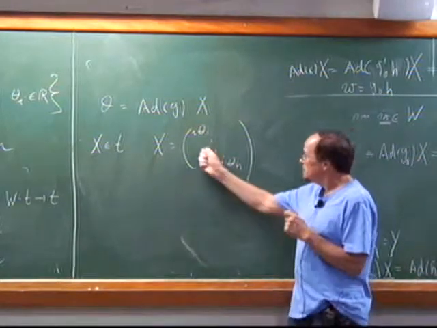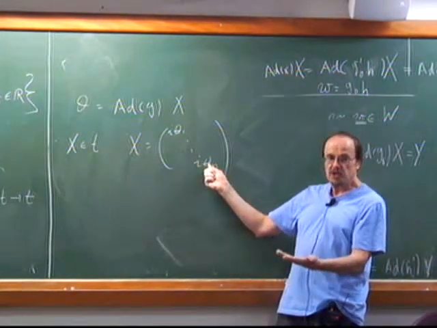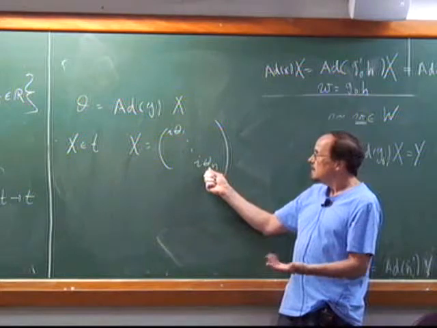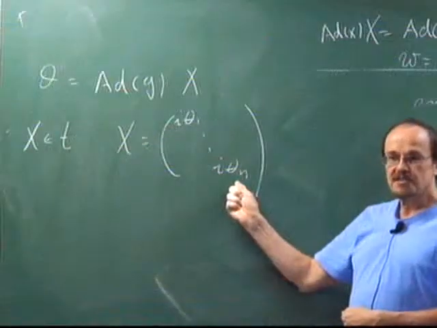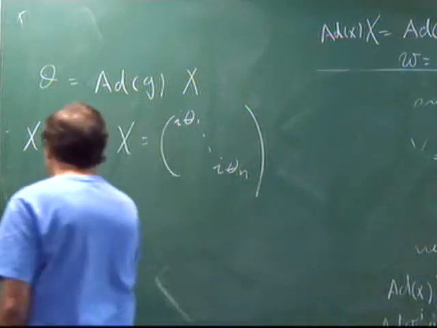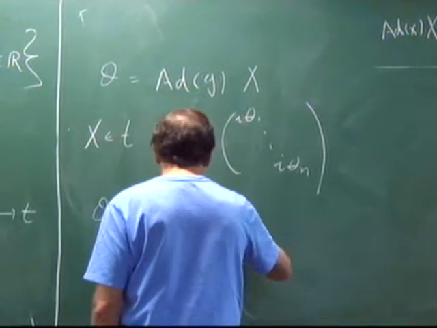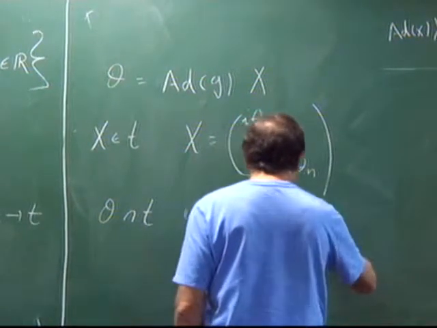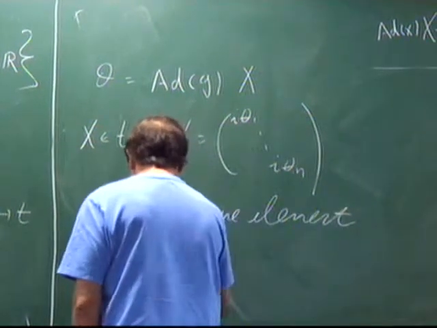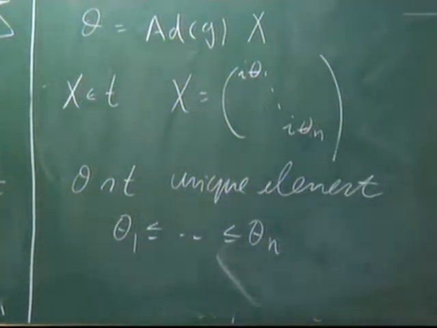If I have an element like this, look at its adjoint orbit, in other words, I matrix conjugate it. Then I can change the order of the θ_i's. So O intersected with T has a unique element where I order the θ_i's by size. I can permute to make it into this order. That's unique, modulo permutation.